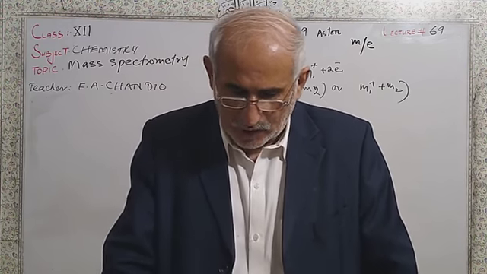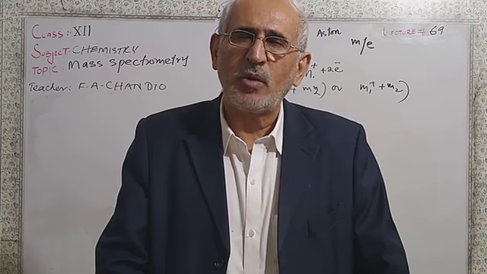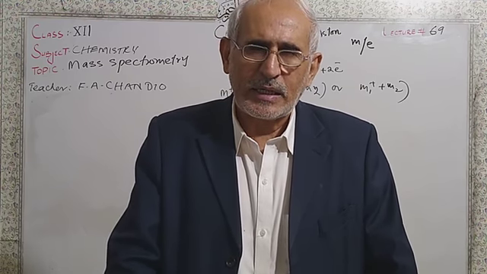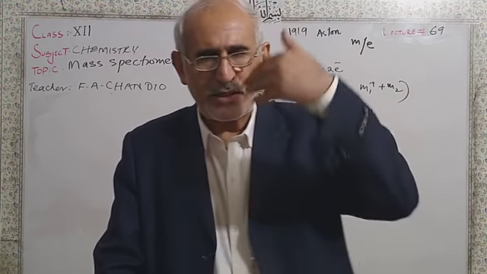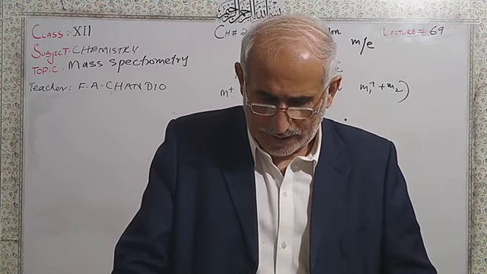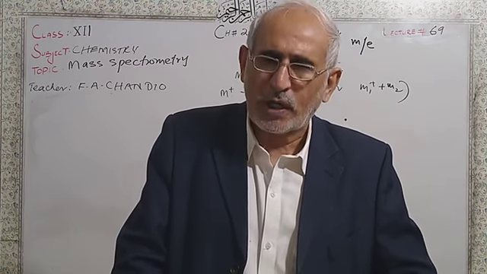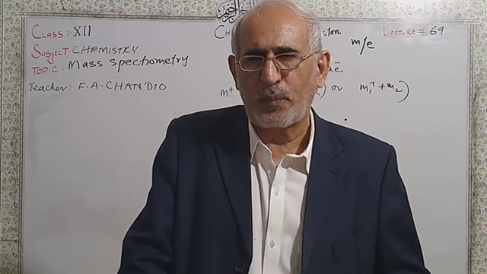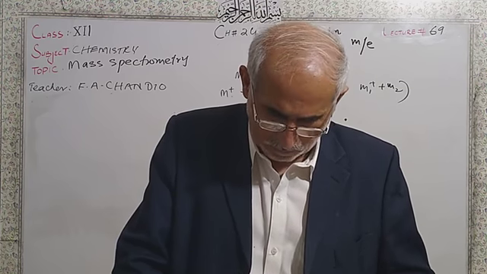Then they pass through the vacuum, and there the detector detects them and sends the signal to the computer, with the amplifier and recorder computer, and you can form the different peaks and the different abundances.